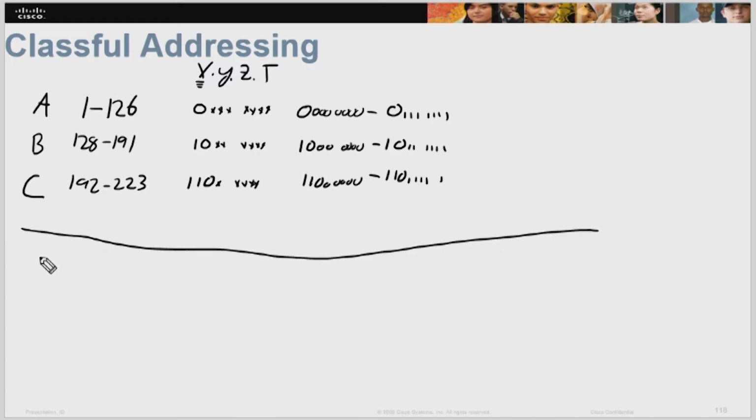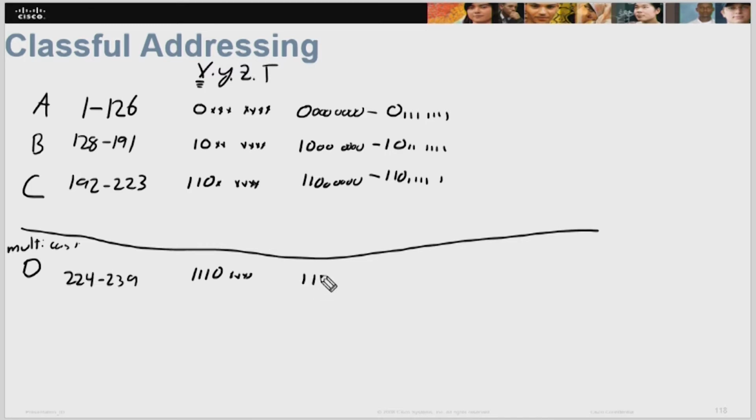Now there actually is a Class D address space as well. This is not globally unique. This is the multicast space. So multicast is the Class D space. And the Class D space is from 224 through 239. Any guesses on the binary pattern? Sure, 1, 1, 1, 0 without regard.